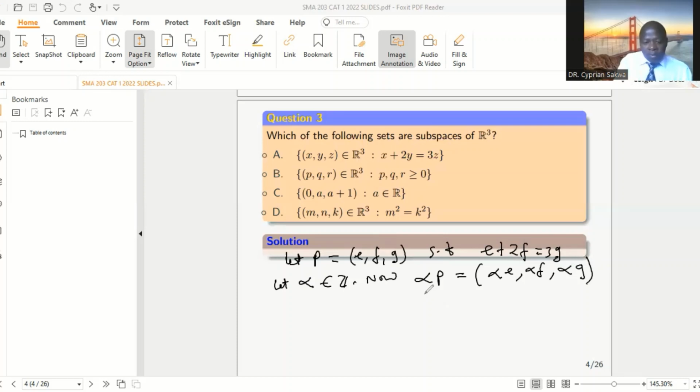Now, I want to see whether this alpha P will be in A. So for it to be in A, it must fulfill this condition. And that's what I want to find out.